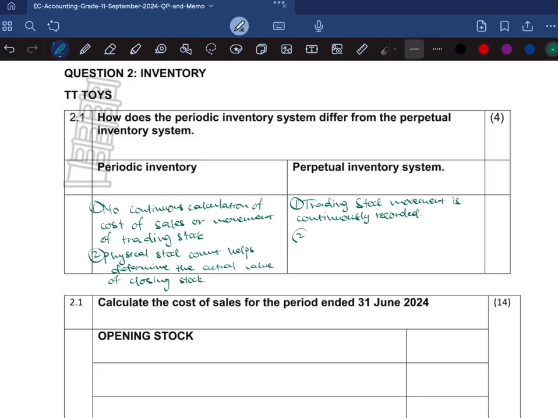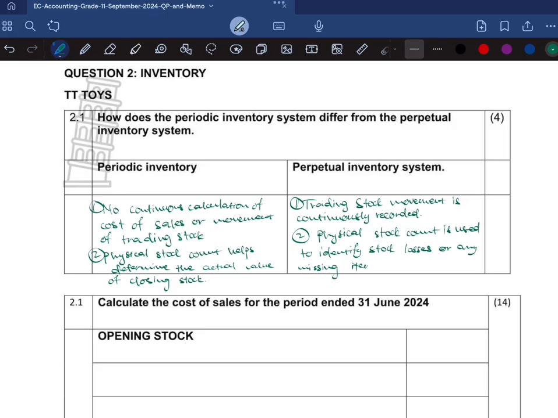And then secondly, we know that physical stock count is only done to compare between the records that we have and the actual stock on hand, the physical stock on hand. So physical stock count is used to identify stock losses or any missing items.